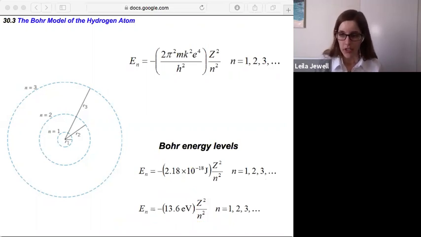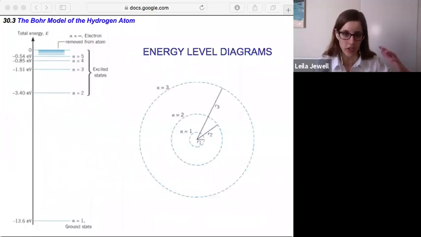Right, so if we imagine the transitions between two of these, like between n equals 2 to n equals 1, you could set up energy level diagrams, and that's exactly what's shown here. So at n equals 1 for hydrogen, it's the ground state, Z is equal to 1, n is equal to 1, so the energy is just negative 13.6 electron volts.